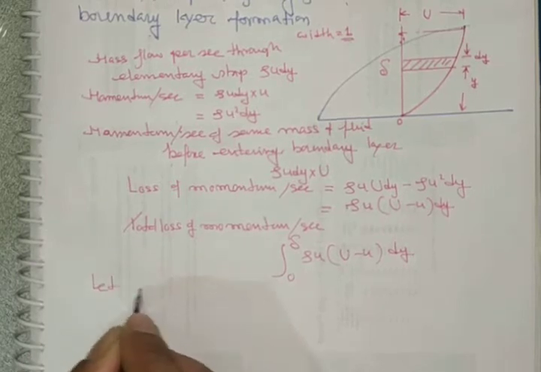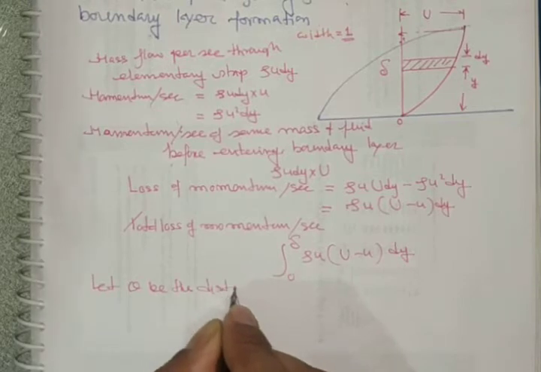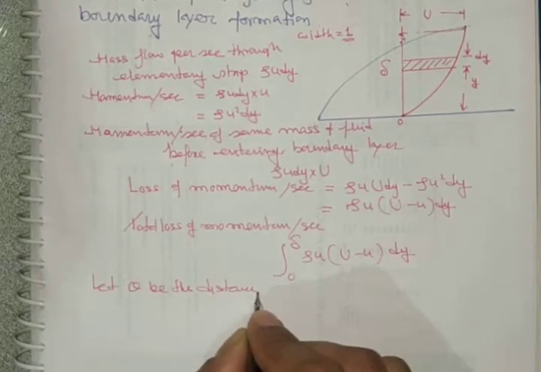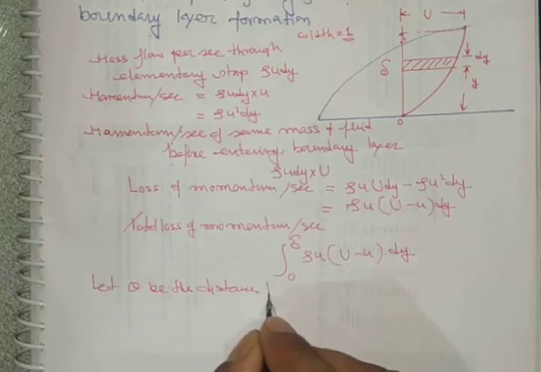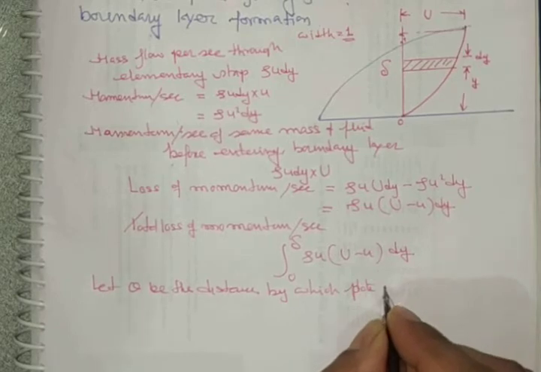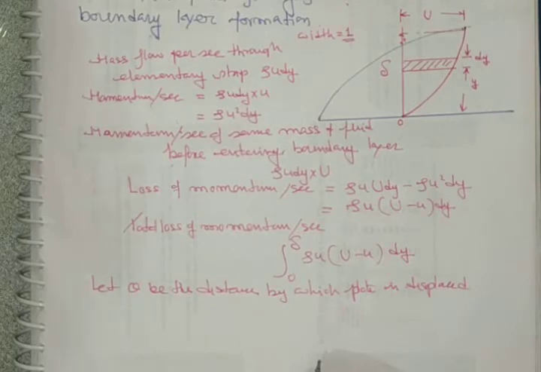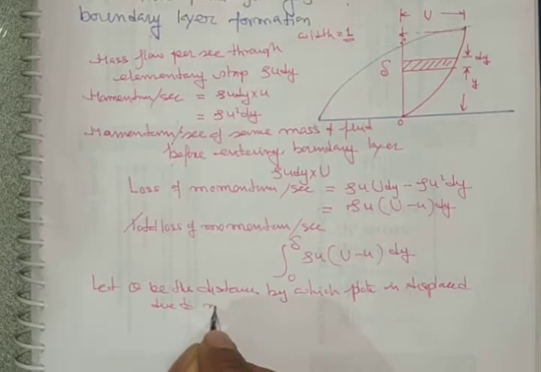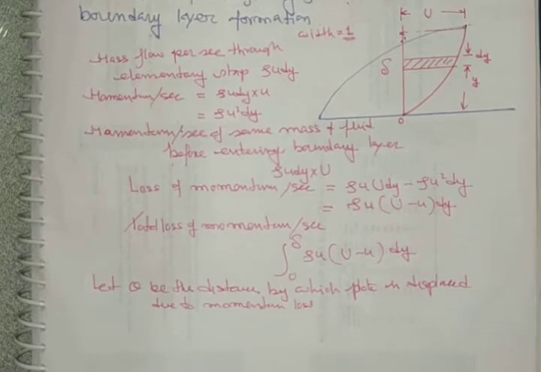Let theta be the distance by which the plate is displaced due to momentum loss.